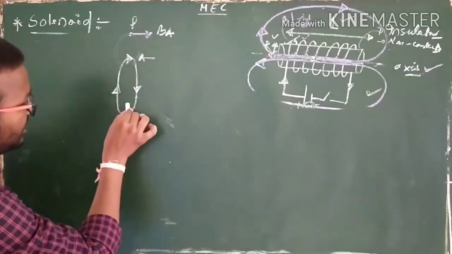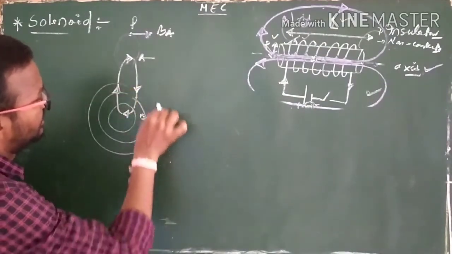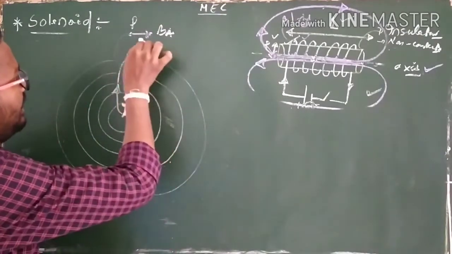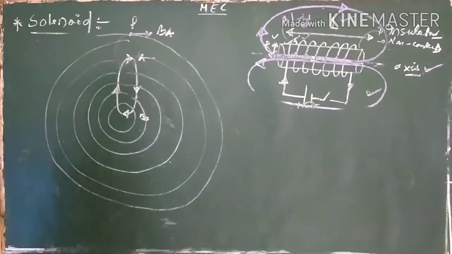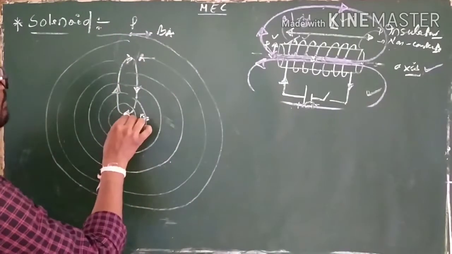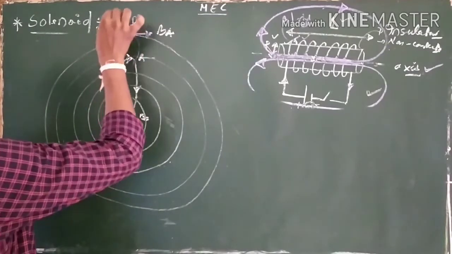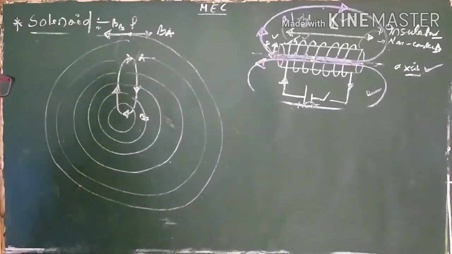That means this is the direction of magnetic line, and then this is also the direction of magnetic line. And last, this is the direction of magnetic line. Clear? So due to point B, if you draw a tangent at this point, then this is the direction of magnetic field at point B.